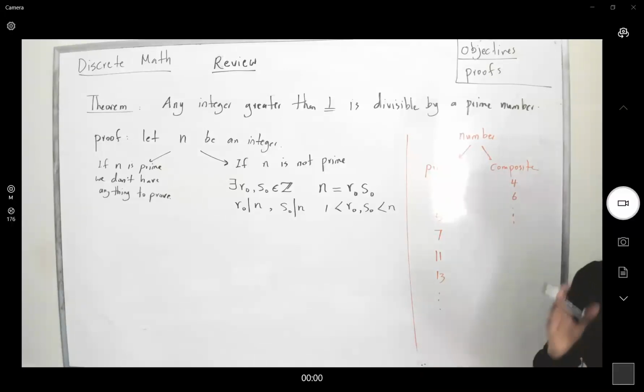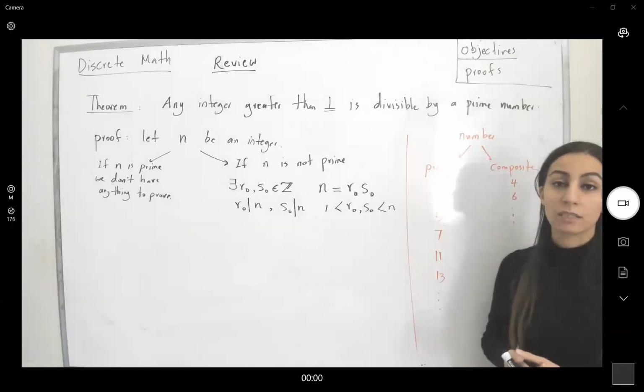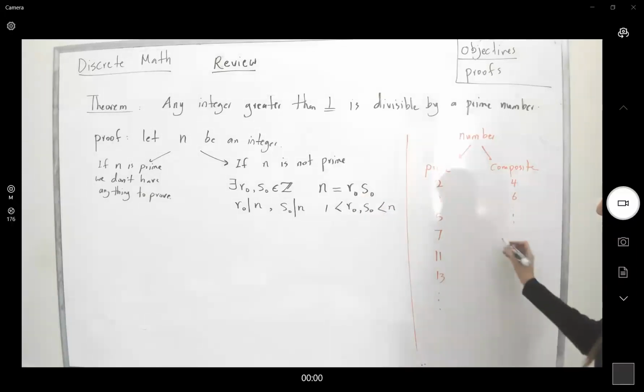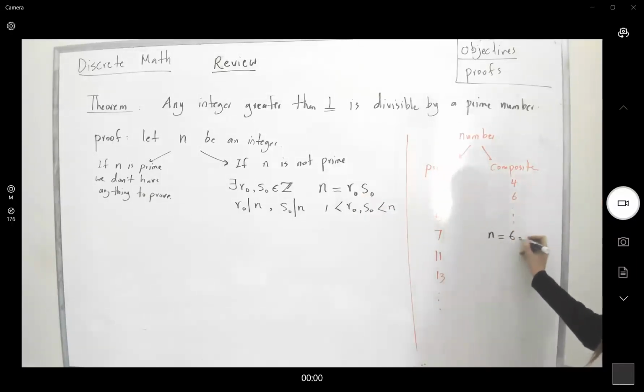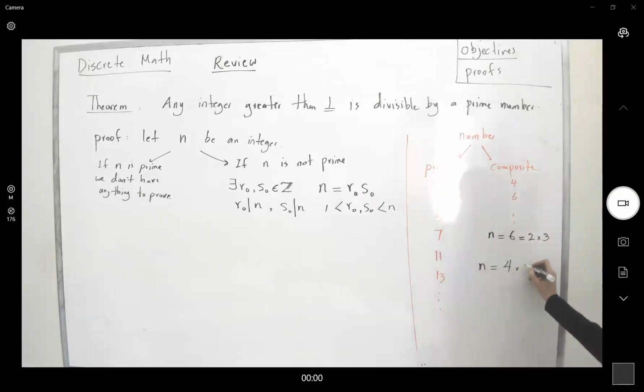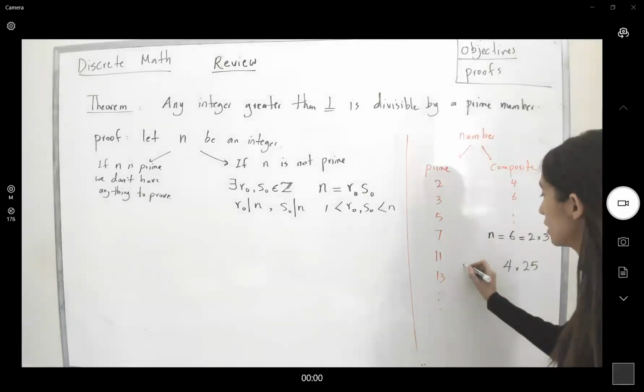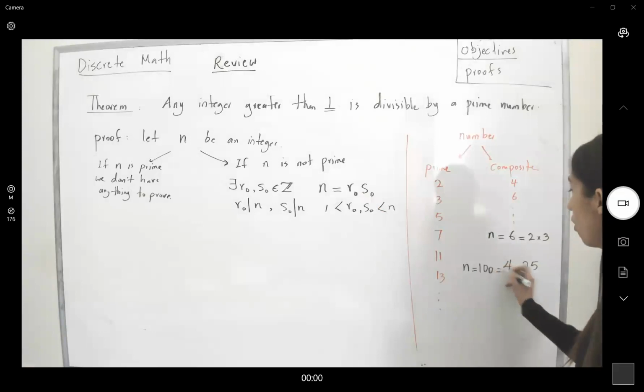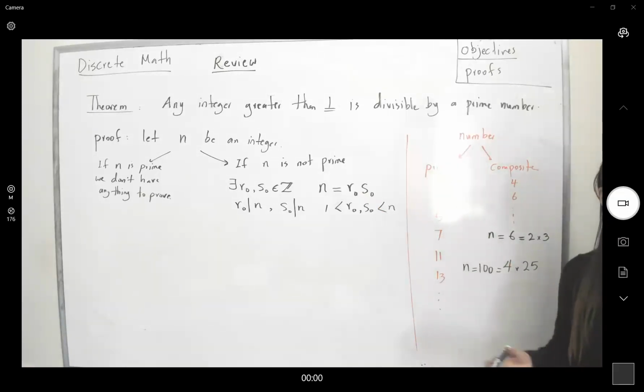Okay, now we start. Which case is this? Is this the case that n is equal to 6, 2 times 3? Or is this the case that n is equal to, for example, 4 times 25, 100? Which case is this? We cannot exclude all of these cases, so we have to think about the general case.